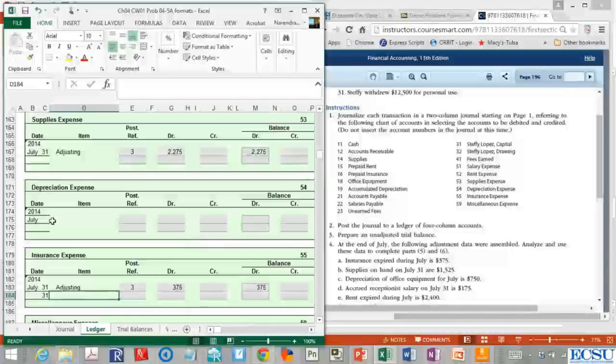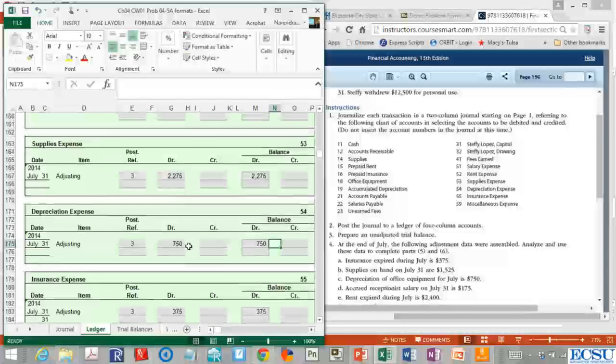I am just about here, so I'll just write this is 31, and then I write it as adjusting, and then posting reference will be page number 3, and then it was a debit of 750, and then of course the balance also will be 750 on the debit side.